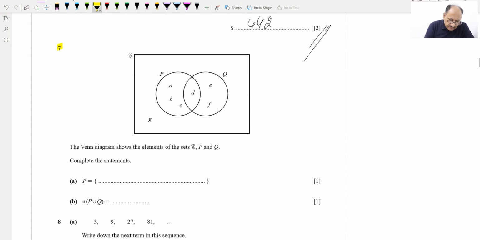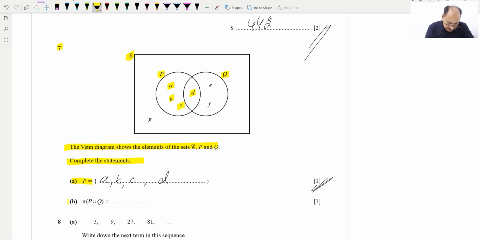Now question number 7. A Venn diagram is provided showing the elements of the universal set, then P and Q. Complete the statements. The members of P we can write here: A, B, C, D. These are 4 members, and this is for 1 mark, which is done.